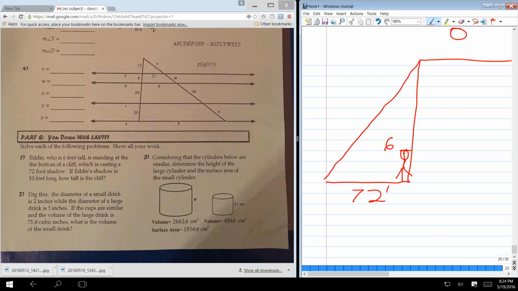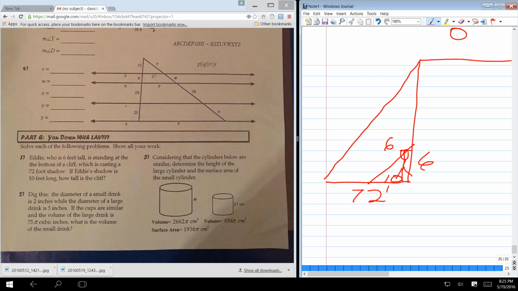See why? Because he's standing in the shadow of the cliff. You can see his shadow. This is kind of a crazy problem, but this is what we mean. He's 6 foot tall, and he's casting a 10-foot long shadow. So how tall is the cliff?